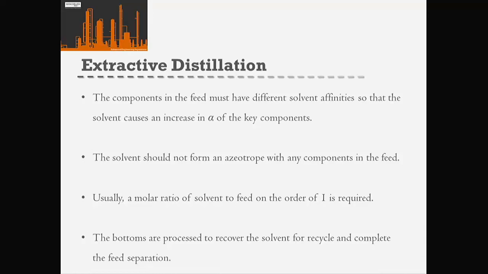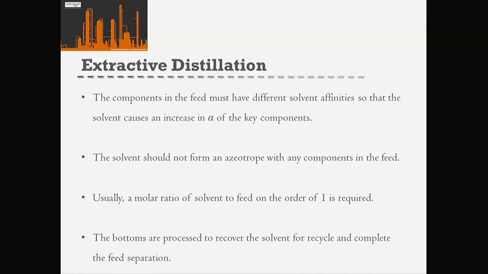But in this case, what we can do is think, well, if we add a solvent, maybe that solvent isn't good enough to undertake liquid-liquid extraction, or maybe liquid-liquid extraction isn't suitable for other reasons, potentially such large flow rates, or it would take so many stages with liquid-liquid extraction, it's not viable to do.